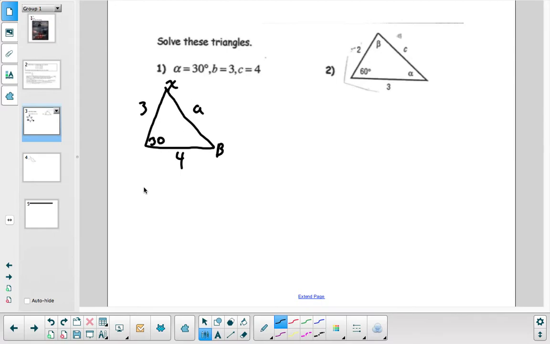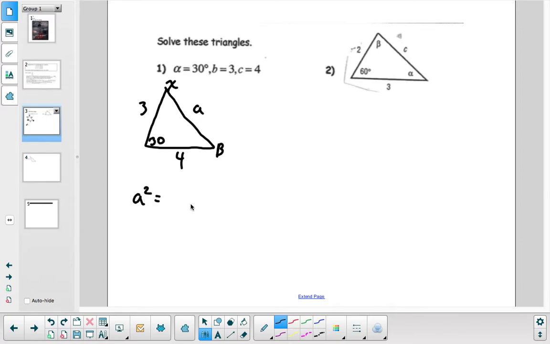We are solving for A for the first time. Once we have a pair of angle and side, then we can start using law of sines. But to get one of those angles, or to get the pair, in which case we're missing the side, we need to use law of cosines.